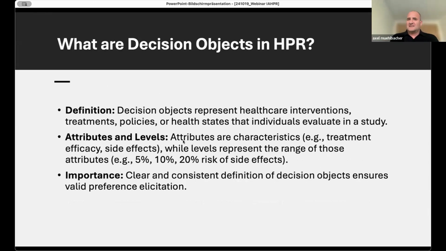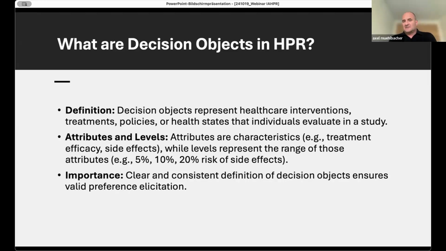So to be more precise, for decision objects in health preference research, these objects can represent a healthcare intervention, a treatment. They can represent policies or health states of an individual where participants of a study can make choices or trade off certain attributes or items.